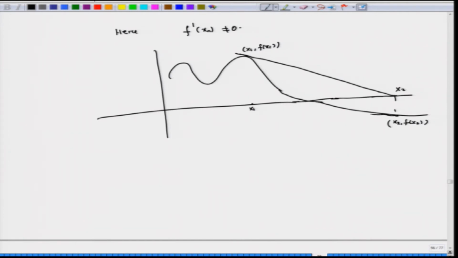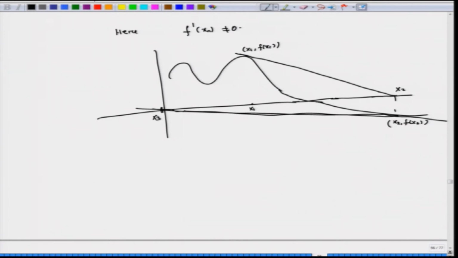Now, if I draw the tangent, then this is going to be my x 3. Now, you can see that x 3 is lying outside the domain of f. So, we cannot even define f of x 3. This sort of thing may occur, because here f prime of x 1 is pretty much close to 0. Therefore, we are having a problem.